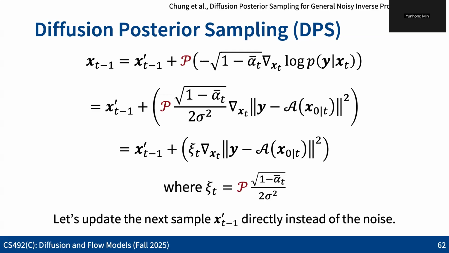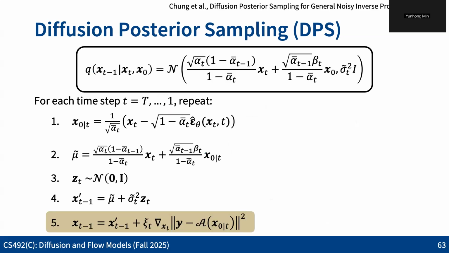So in the DDPM formulation, either you can update the noise here and compute all those things, or this is exactly the same thing: we compute the xt minus 1 first, and then update the xt minus 1 with this amount. I mean, this is not any kind of complex thing.